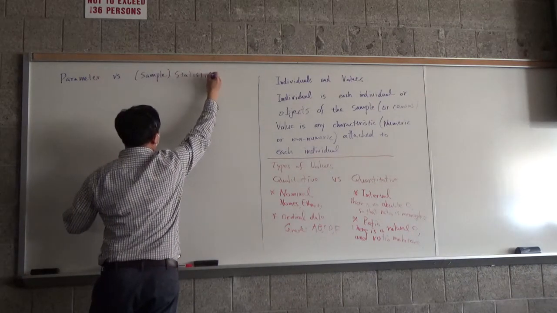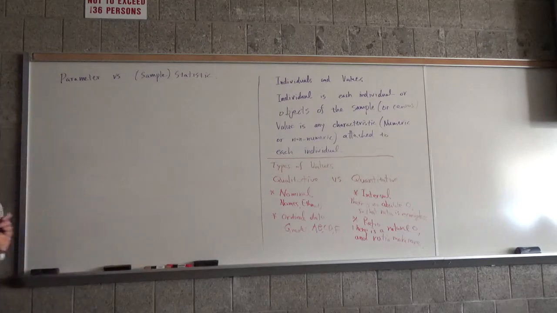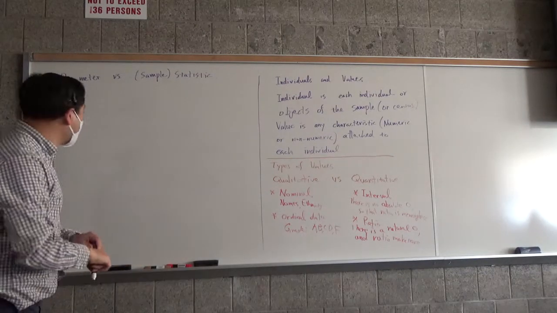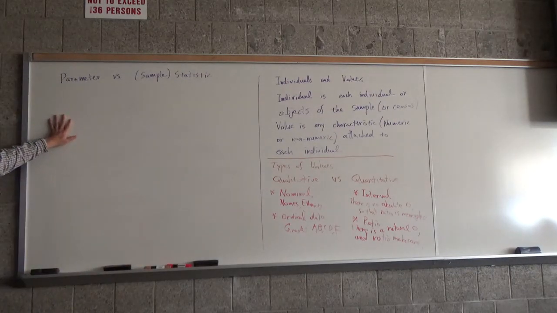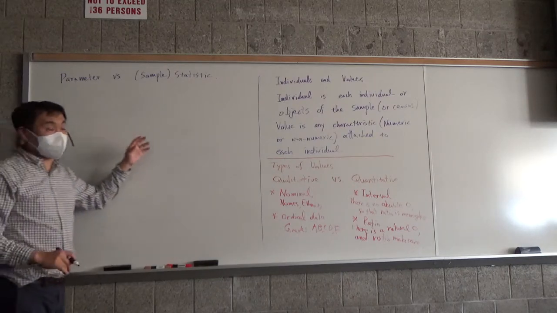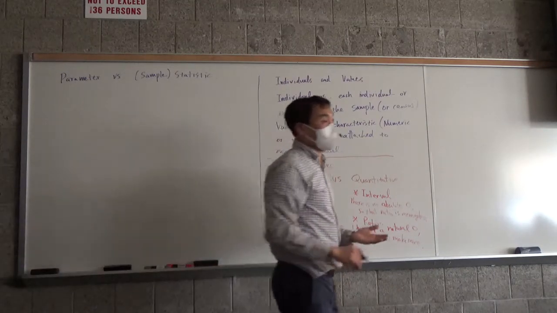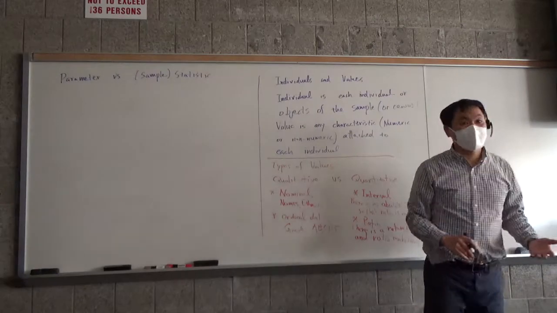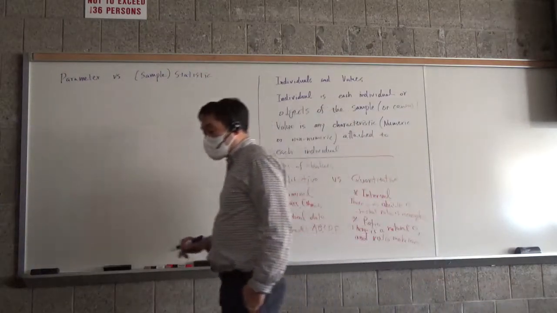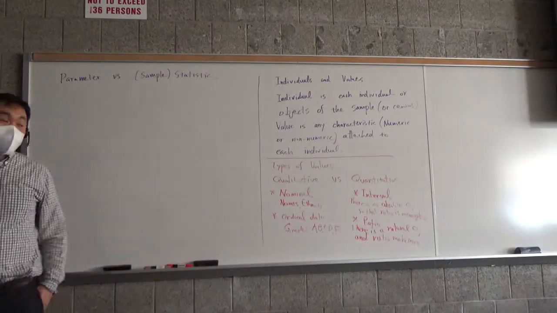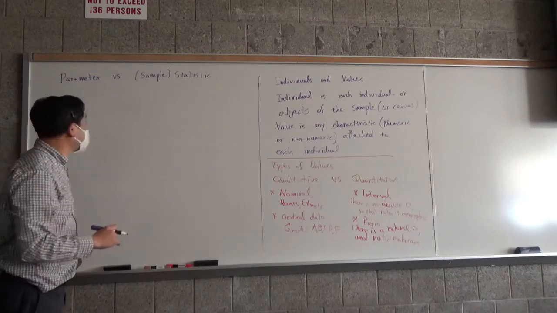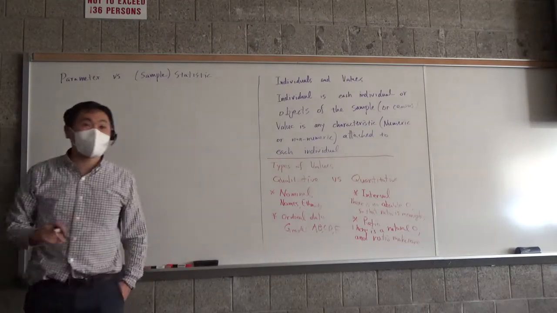Okay, and for this, we can come back to the example of the number of smokers in the United States. When you really want the absolutely correct value of the number of smokers in the United States, do you take a census or a sample? Census, okay?